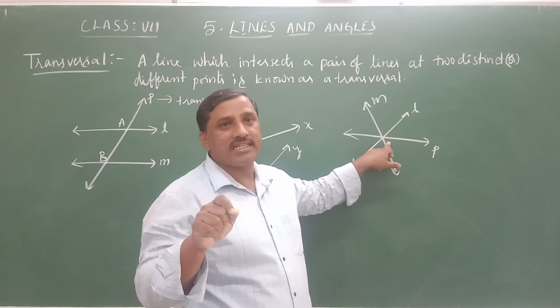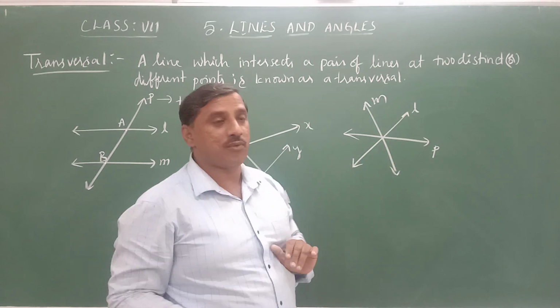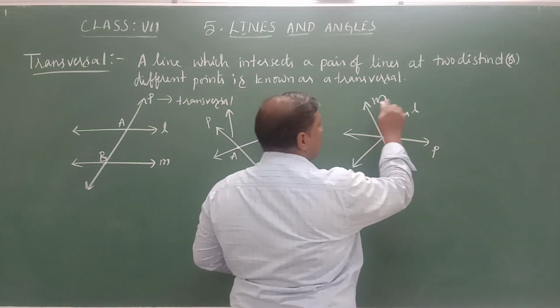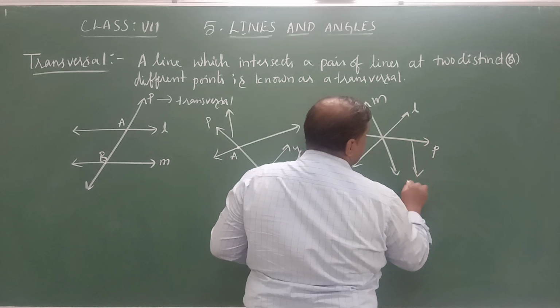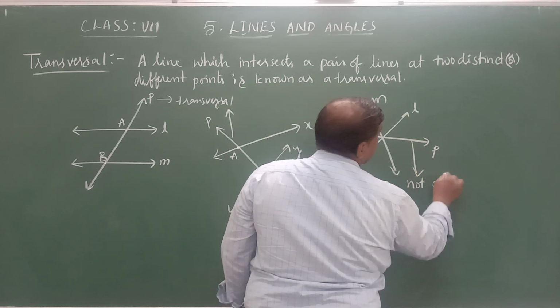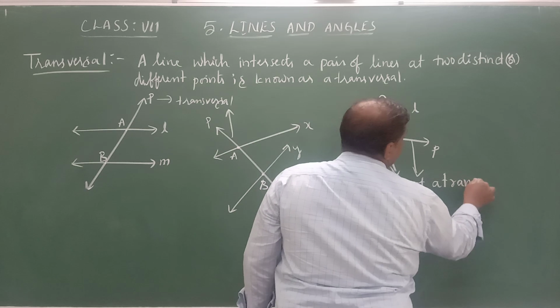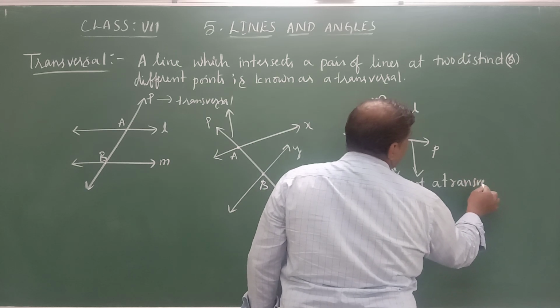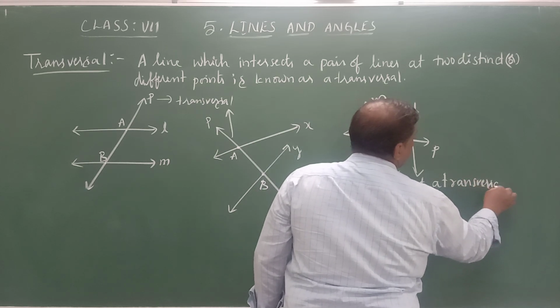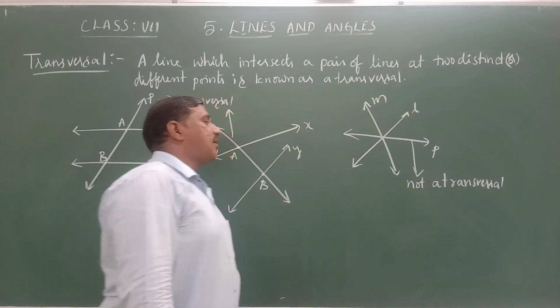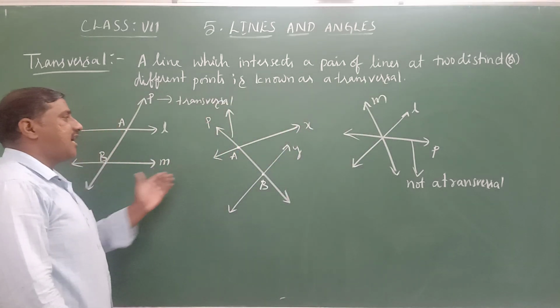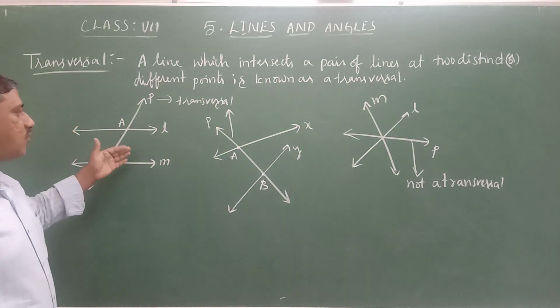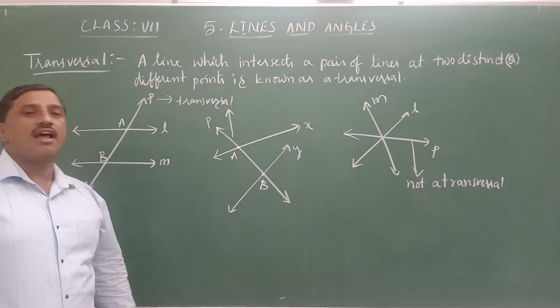A transversal should intersect two lines at two different points, but here it is intersecting at only one point. So P is not a transversal line. In the other two figures, P is a transversal line.